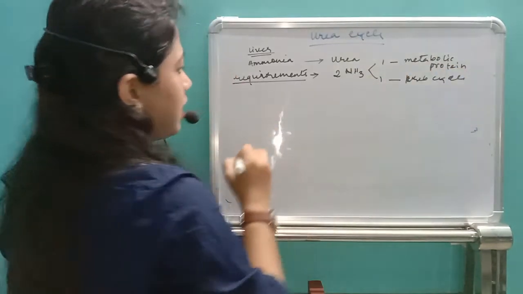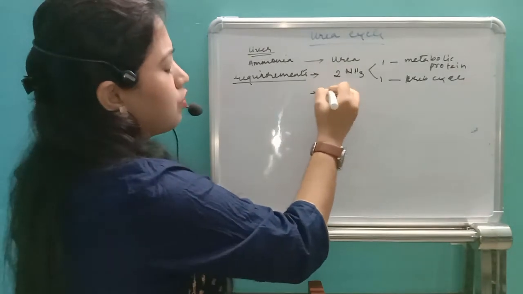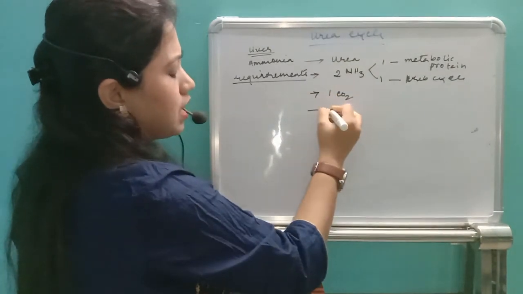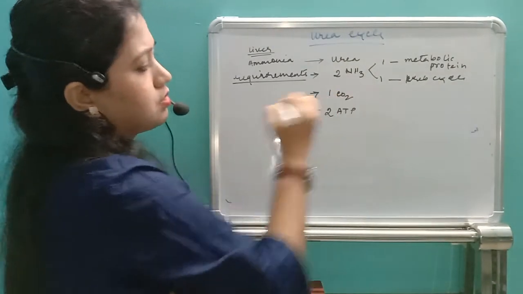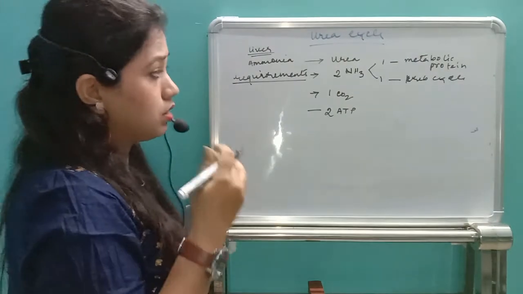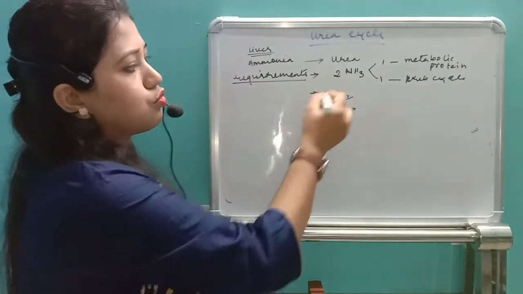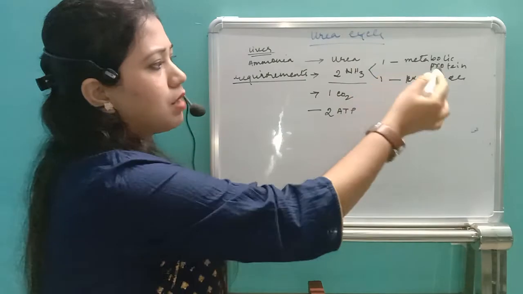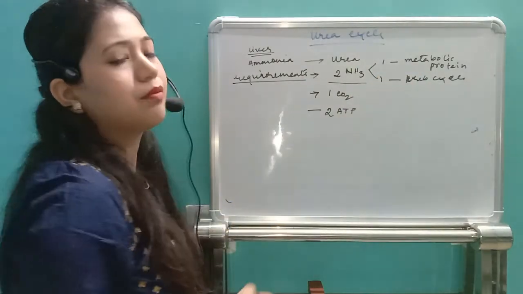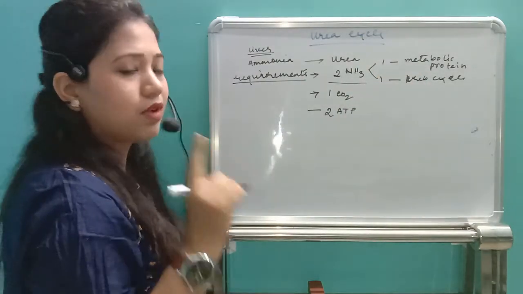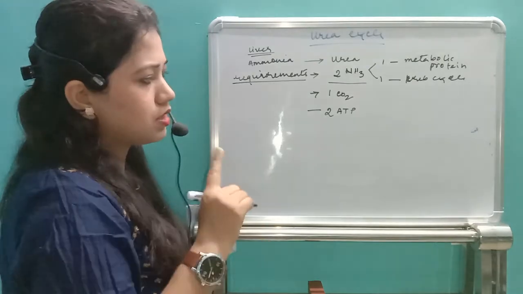Next, we need one carbon dioxide, and two ATPs. So two molecules of ammonia, one from protein metabolism, another from the Krebs cycle; one molecule of carbon dioxide and two ATPs.